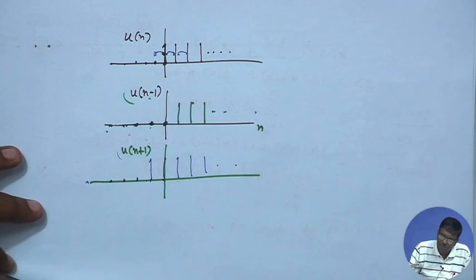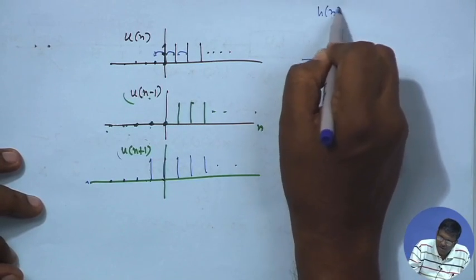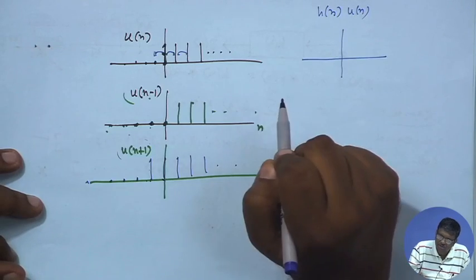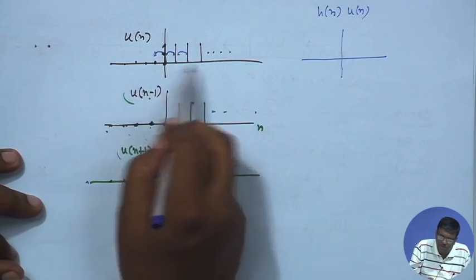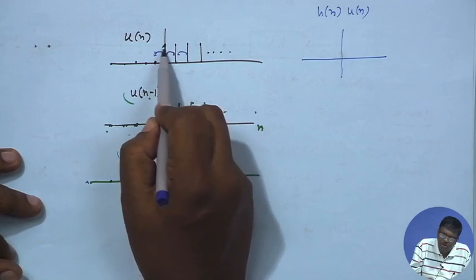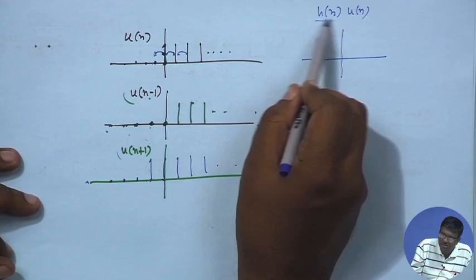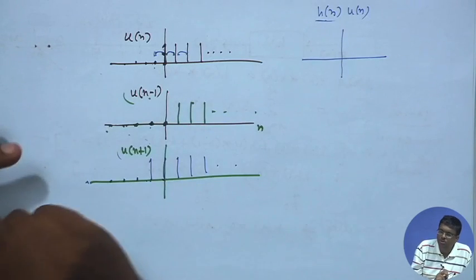All right. Any impulse response, any h[n], if you multiply by u[n], it will be causal, because u[n] makes sure that the right hand side samples of h[n] are multiplied by 1. So, they are as it is, and the left hand side samples are multiplied by 0. So, they become zeros.